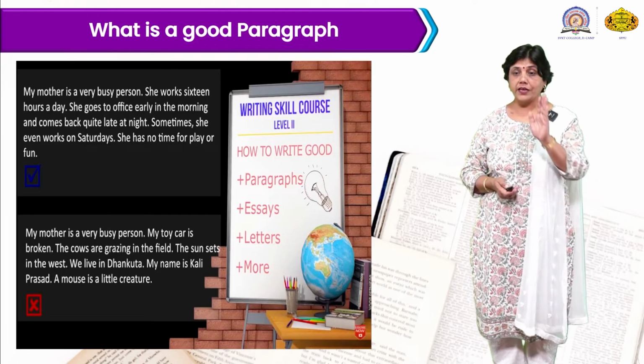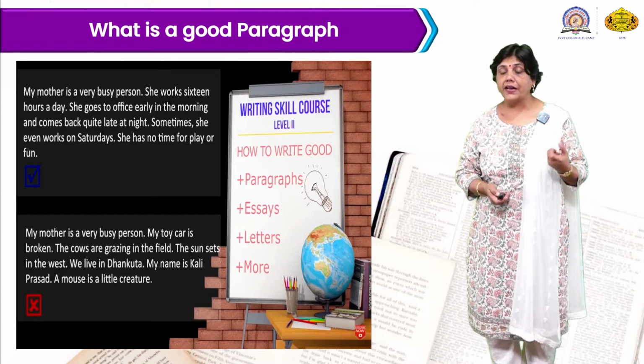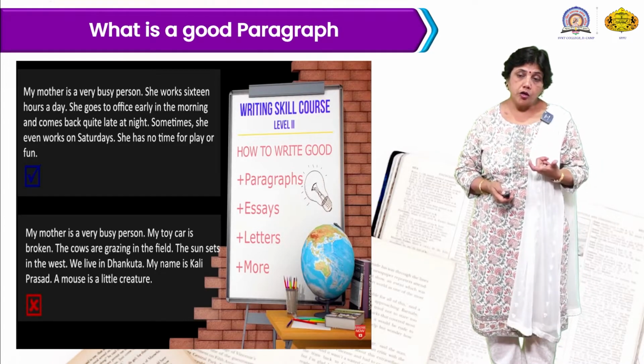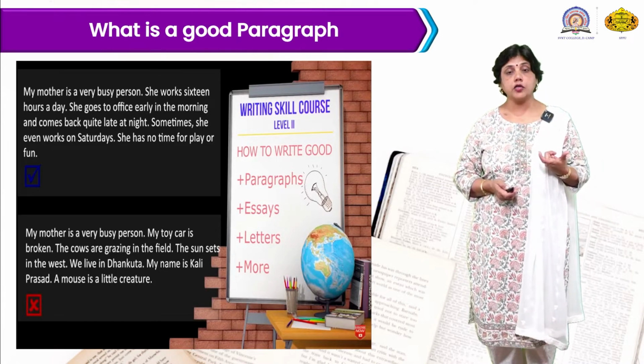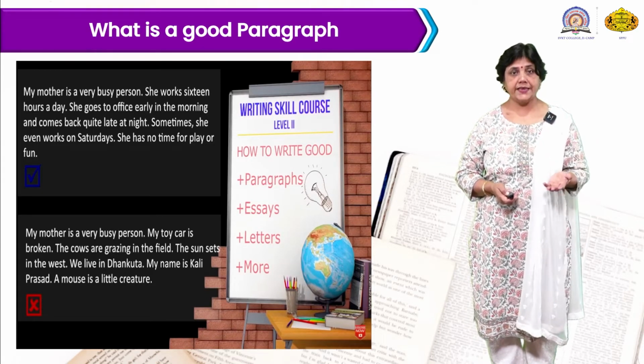So now you can very well identify what is a paragraph. A paragraph is a small unit of blocks which are connected to each other. Let's see next.